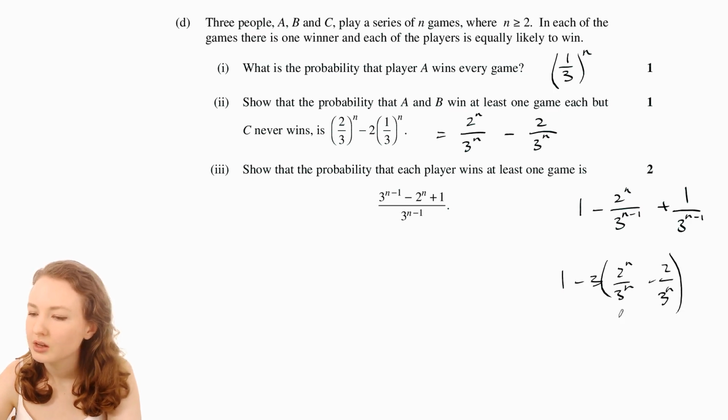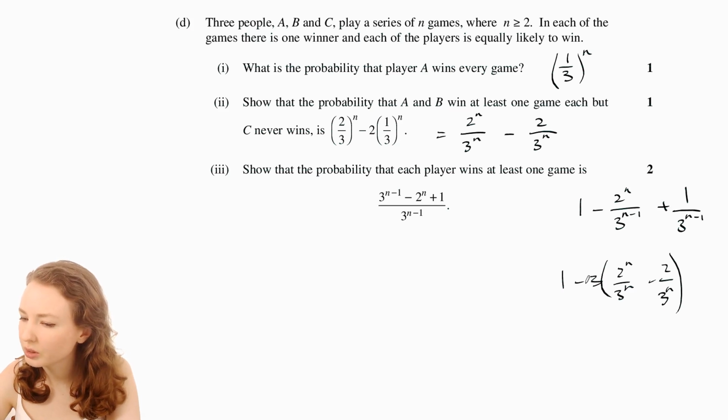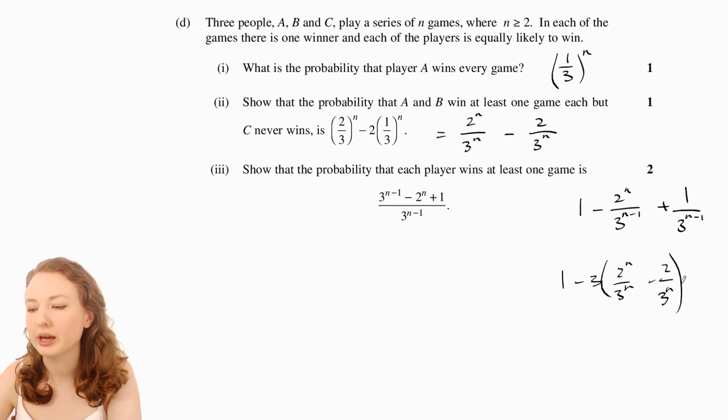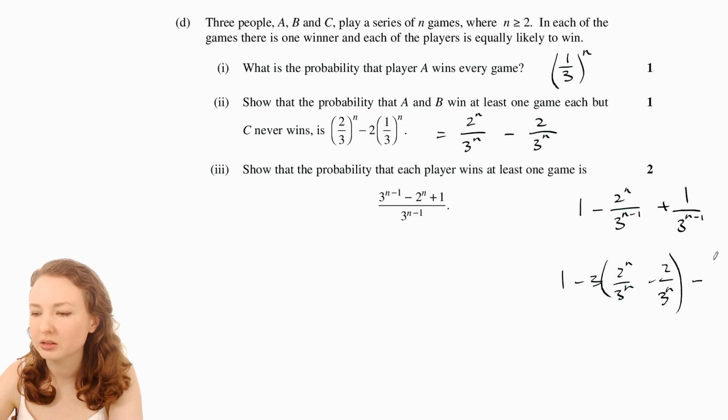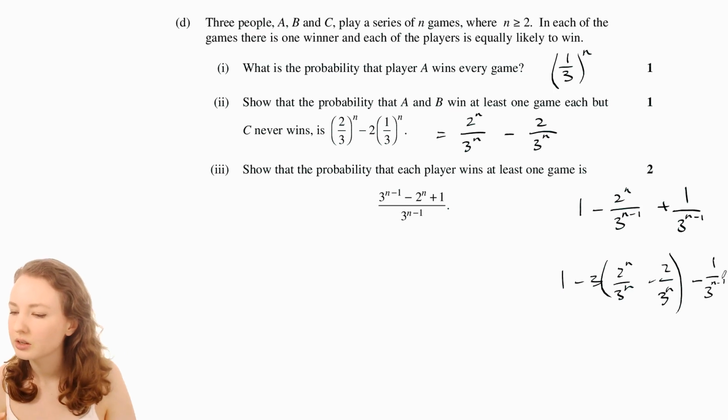And then that gives you that, but it also gives you a plus 2 on 3 to the n minus 1 when you expand that. So to get instead a 1 on 3 to the n minus 1, we have to subtract 1 on 3 to the n minus 1. So you can see if you can figure it out from there.